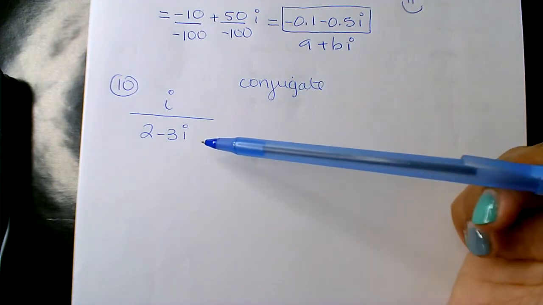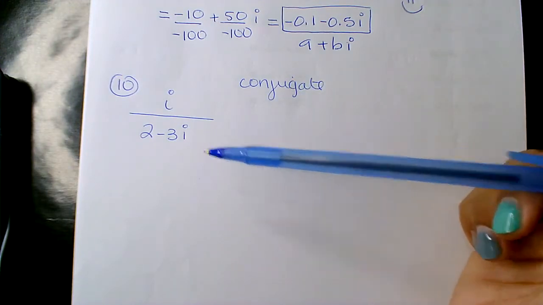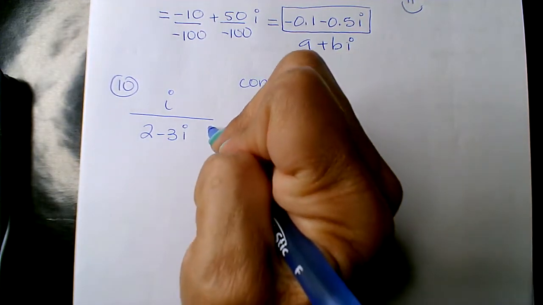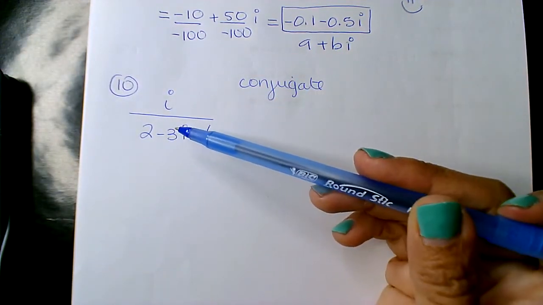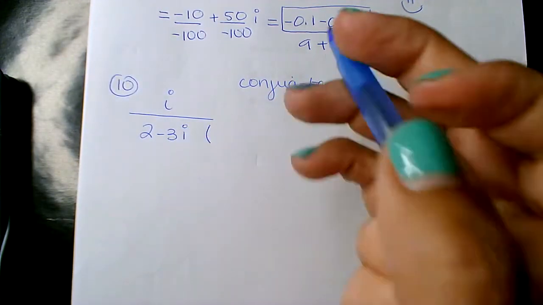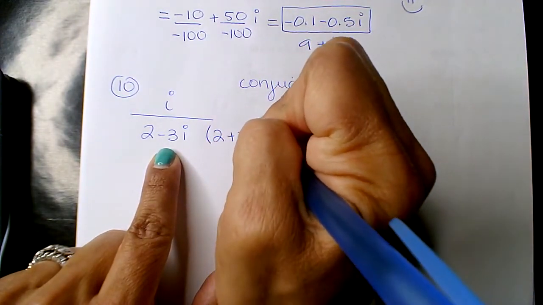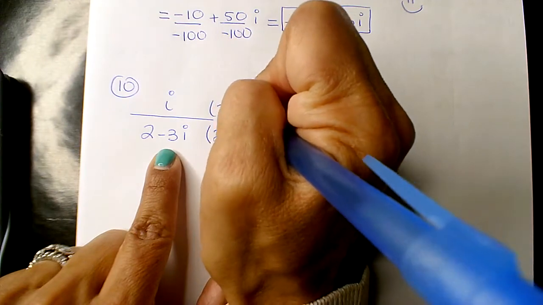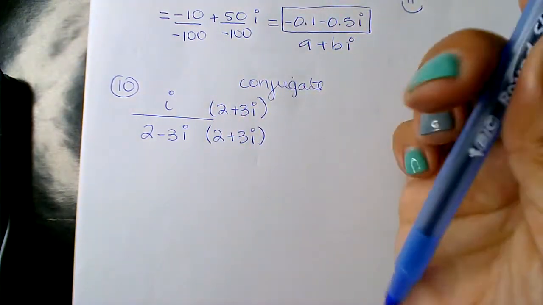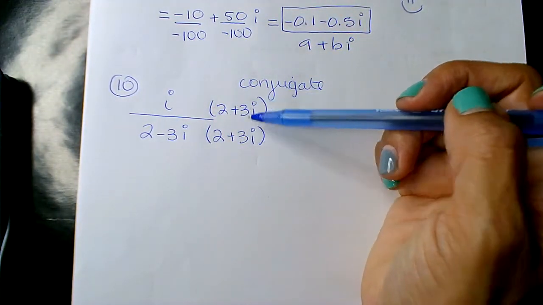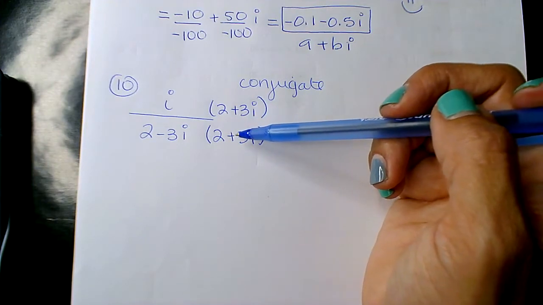So when you have a complex number as your denominator, what you multiply by is not exactly it. So look up. See how the imaginary is a negative? The conjugate is you change the sign of the second term, which is your imaginary part.